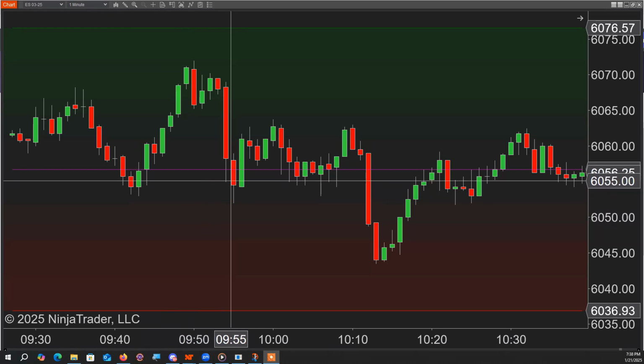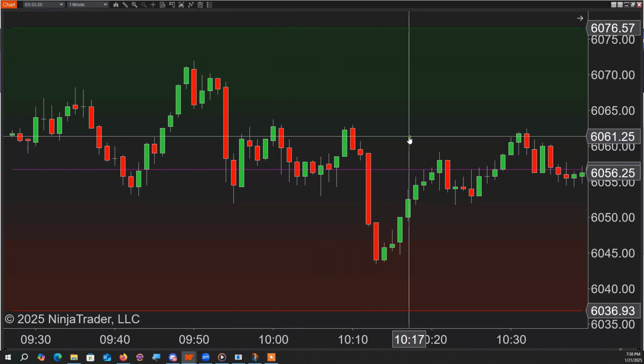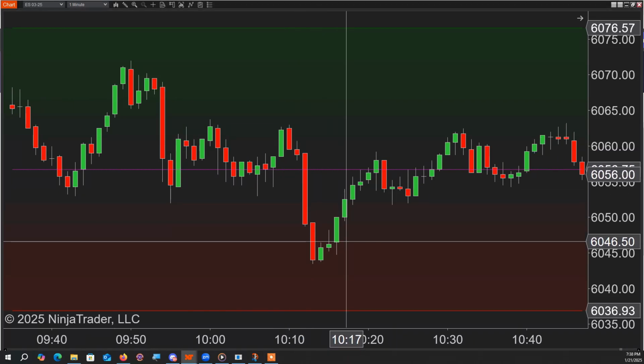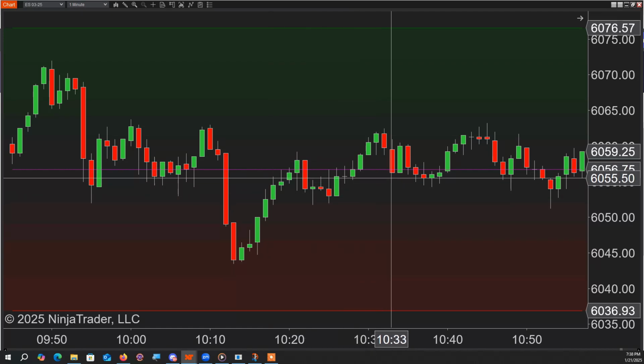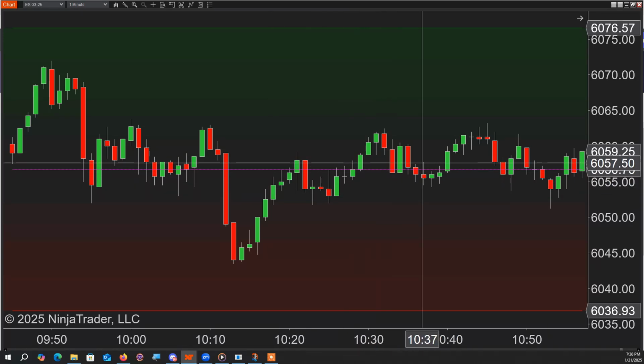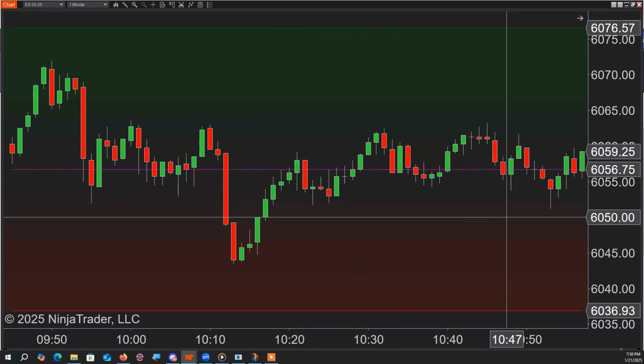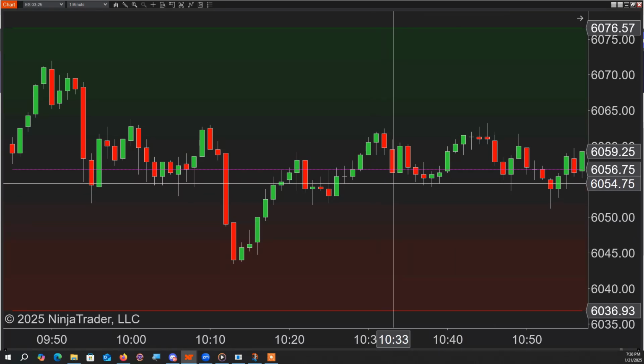You just need to have patience with the S&P. Breaks below, gives you a whole bunch of points below, but again, kind of hugging. You see the importance of the midpoint, just kind of hugging this midpoint, but continues to stay up.